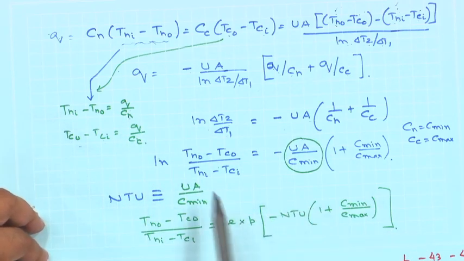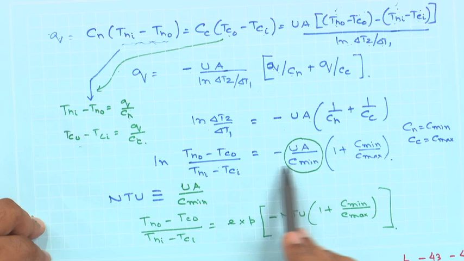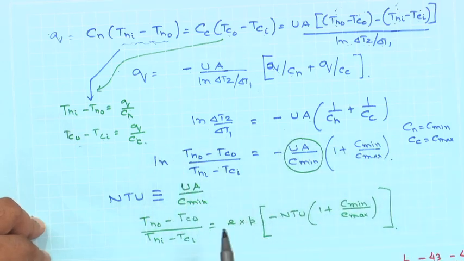And therefore, upon simplification, what you get is simply this factor, and therefore the temperature change at the hot outlet temperature and cold outlet temperature divided by the maximum temperature drop that can take place is going to be exponential minus NTU 1 plus C min by C max.